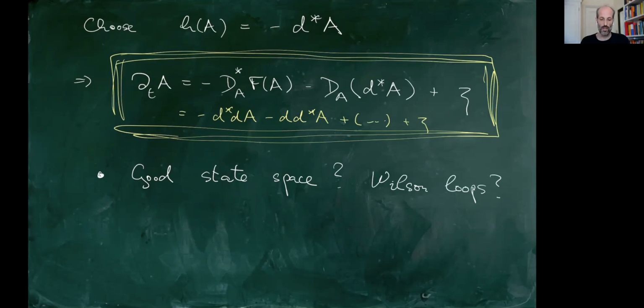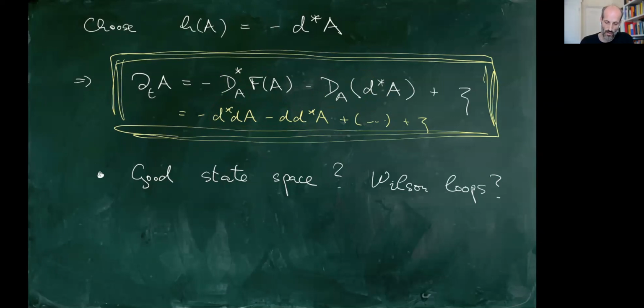The first term in our covariant derivative is a D, so the adjoint gives you a D star, and in the definition of f of A was dA plus lower order. That gives you the D star D, whereas here you have a D star already, and the first term in the covariant derivative is a D, so that gives you a dd star. This is just the Laplacian on one forms, so that makes it parabolic.